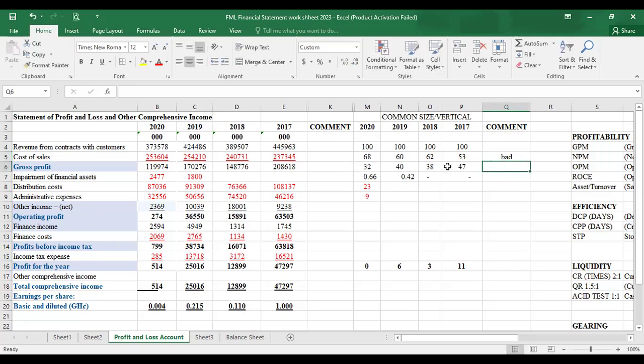Here, would you say it is okay or bad with your gross profit? You go across the board. 2017 will be better than the rest of the years.